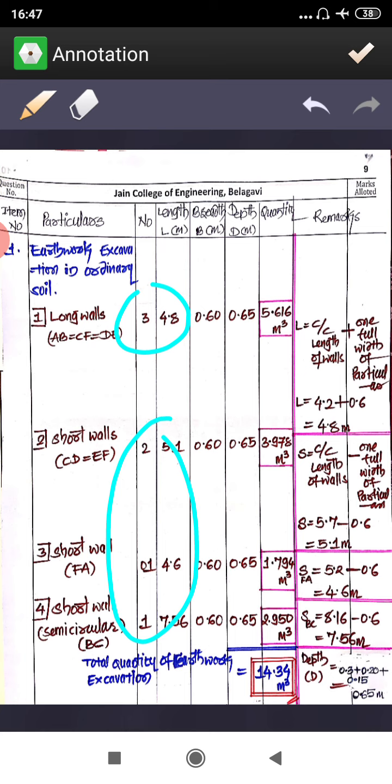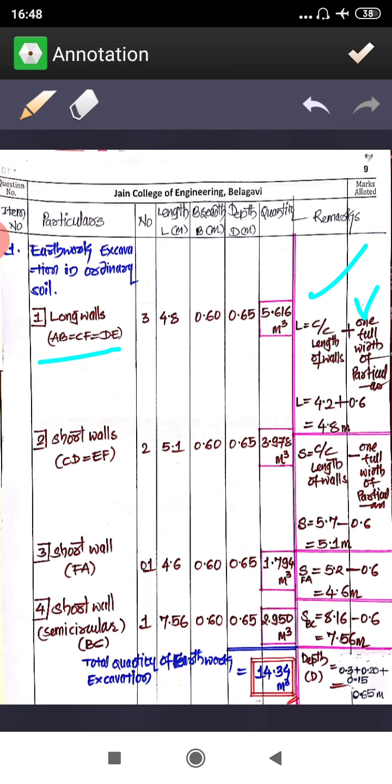Now if you see, the long walls AB, CF and DE are equal, and for this long wall you have to get the length. I did the calculation here. Center to center of a length plus 1 full width of particular, here we are going to determine the excavation. So the width is 0.6, so you have to add that.